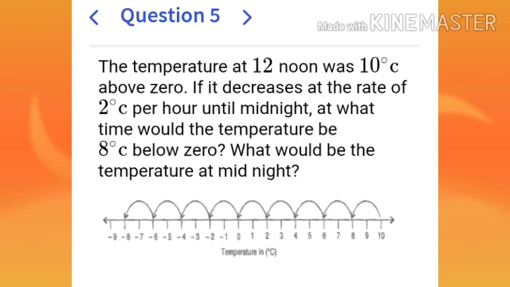The first question is, at what time would the temperature be 8 degrees Celsius below 0? And the second question is, what would be the temperature at midnight?